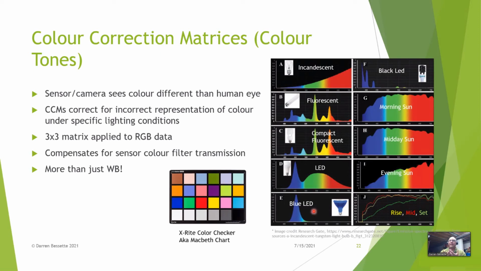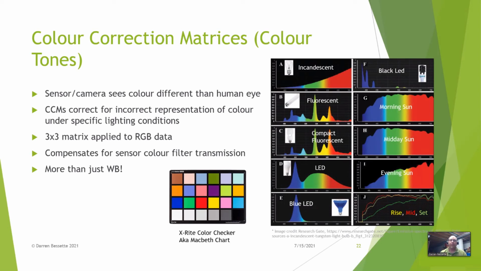This is similar to what you see in your digital still camera when they talk about, are you shooting under cloudy light versus daylight? Are you shooting under fluorescent light? It's essentially defining which matrix they're going to use to process the image to apply the color so that you get a better, truer color response that matches what you think you're seeing in that environment.